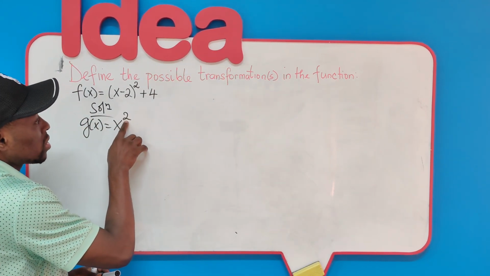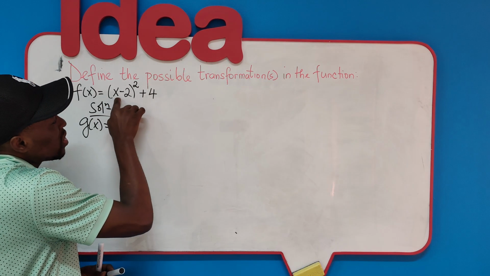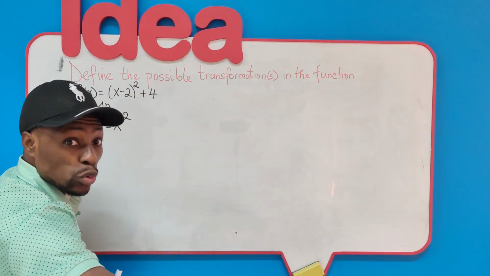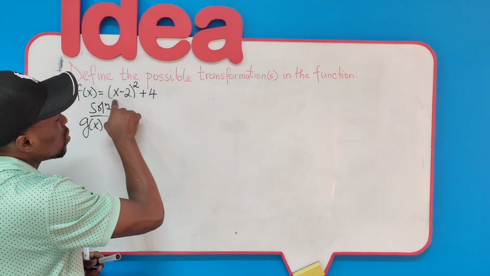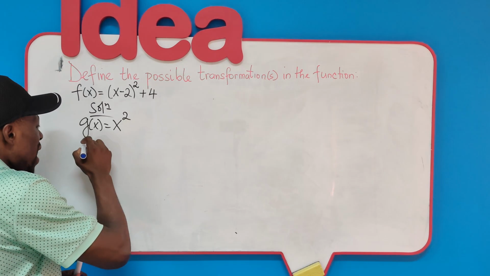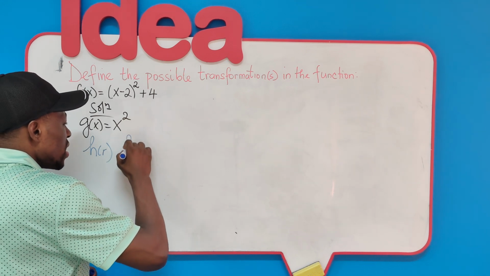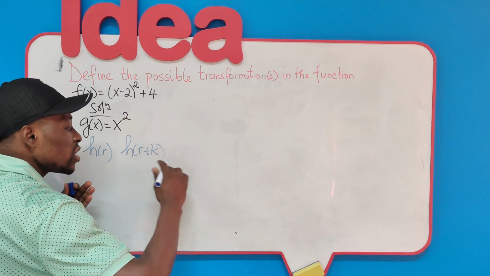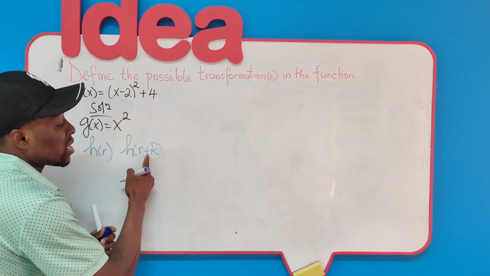I'm writing x squared here because in the transformed function, I can already see a certain term which has been raised to the power 2. So there should be a power 2 in my supposed original function. Now, like I suspected earlier, this looks like a translation. Why? Because according to the translation formula, if we have a certain function h of x, then the transformation h of x plus a certain k is what we call a horizontal translation, either k units to the right or to the left, depending on the sign of k.